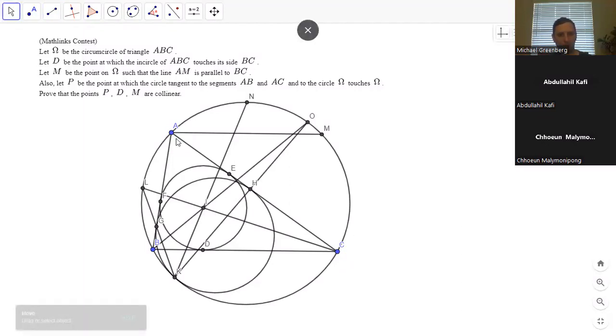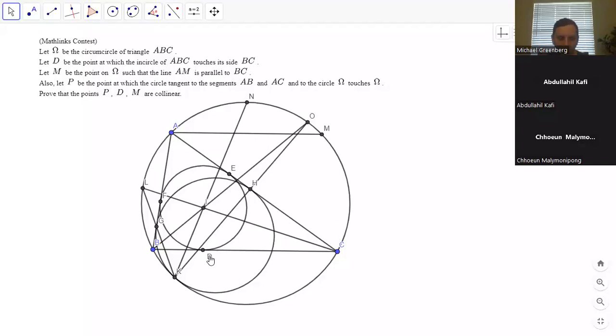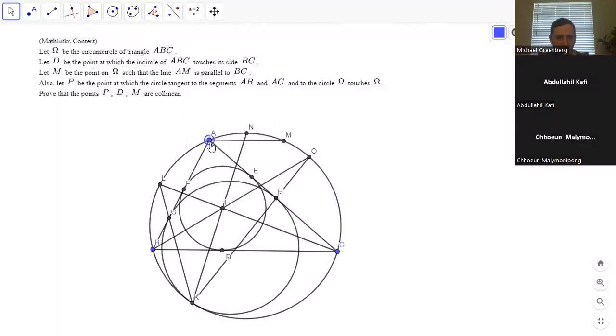Let me draw it a little nicer so that, well, I think it's fine actually. So really we need to calculate angle KDB, and I think we might have some similar triangles. Yeah, I kind of like that picture better.